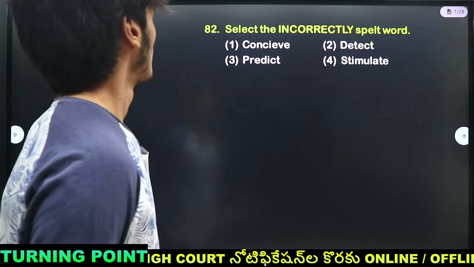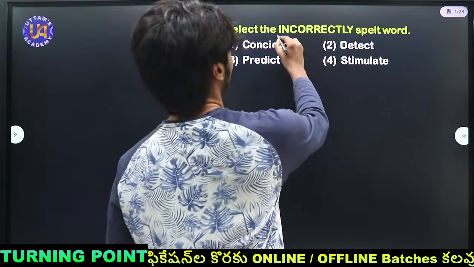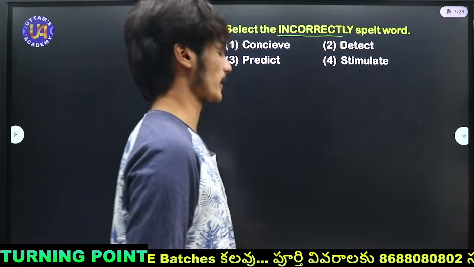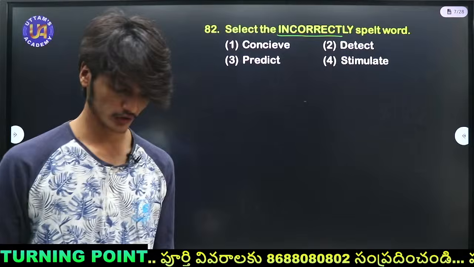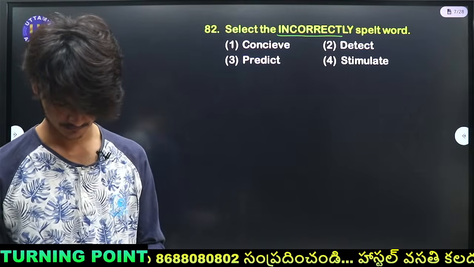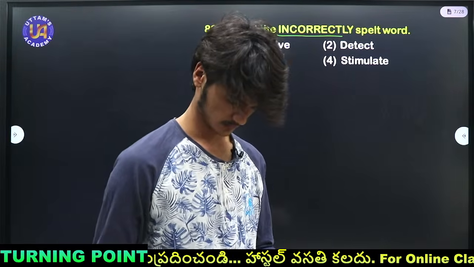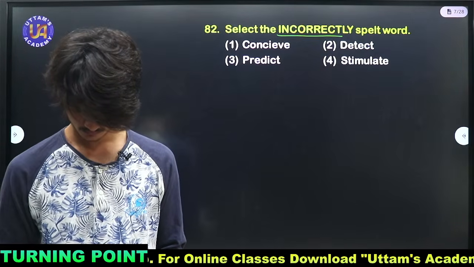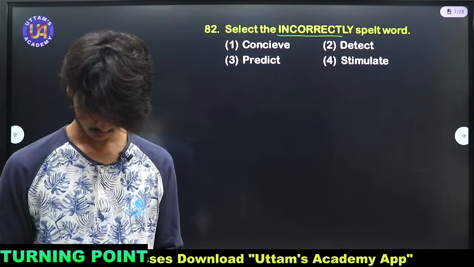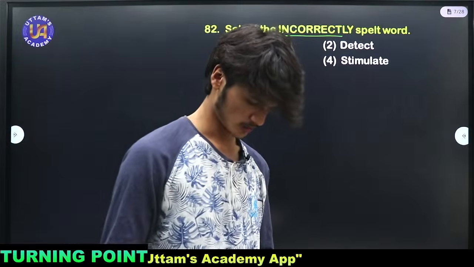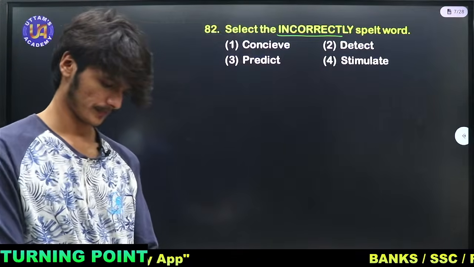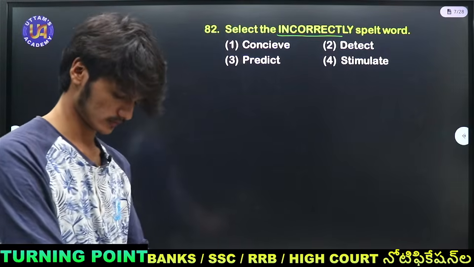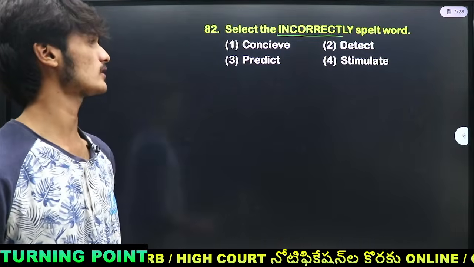Then select the incorrectly spelled word. Conceive, detect, predict, stimulate. Which of the options do you think is right? Narendra says conceive, Sindhuja says 4, Lucky says 1, Ritvik says 1, Hassan Basha says 1.